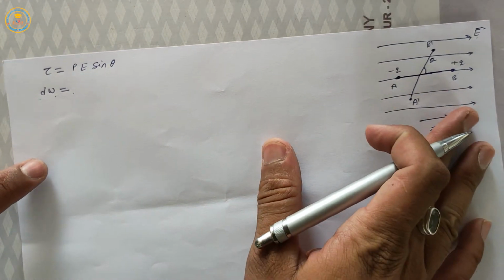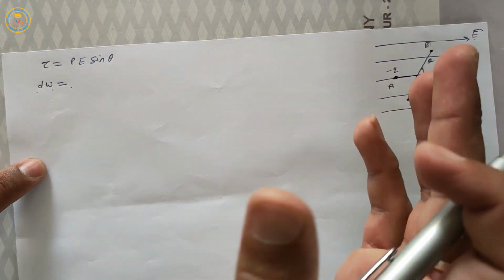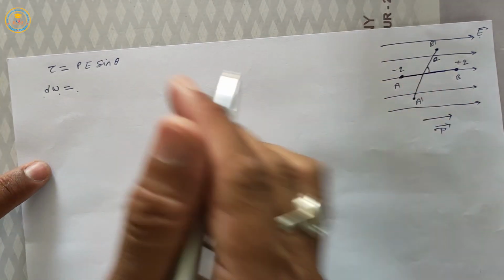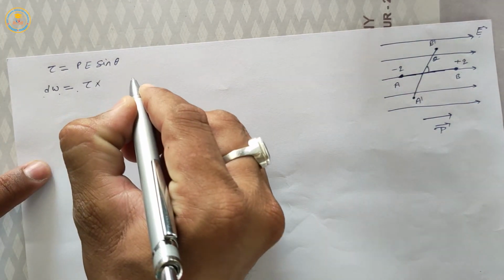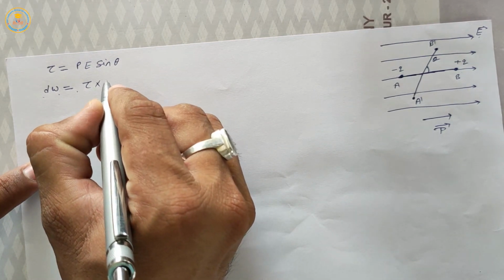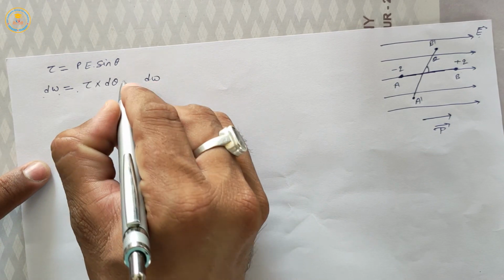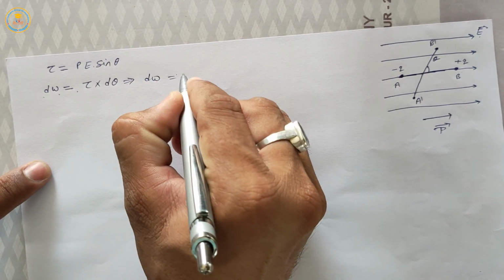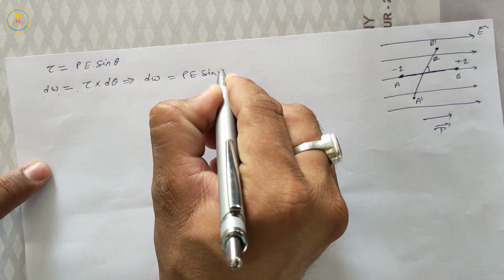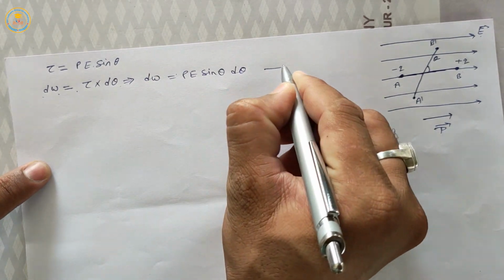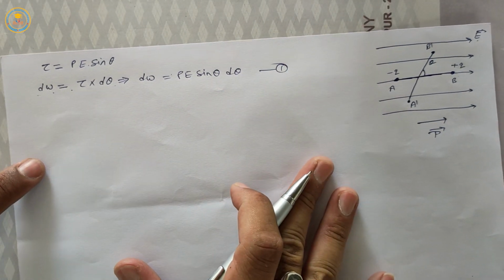Here it is rotational motion, so torque tau into angular displacement d theta. Put the value of tau, so dW is equal to P E sine theta d theta. Suppose this is equation number 1.